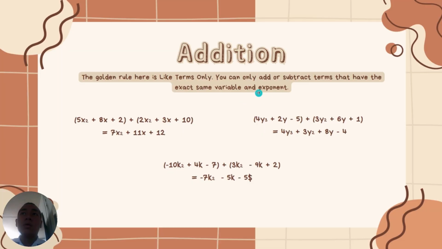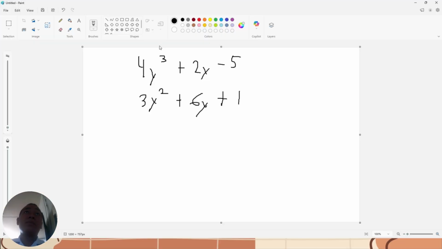Notice how the exponents are completely different from this. We got cube and raised to the power of 2.